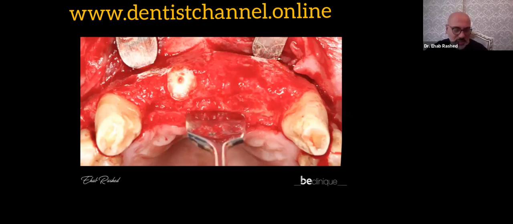This bone has a bigger amount of size, because we created a bigger chamber by using the titanium mesh on the buccal side. And because we have this big gap, we created a good space for the bone particles to grow all the way from the palatal all the way to the buccal, and that's why I created a higher space.